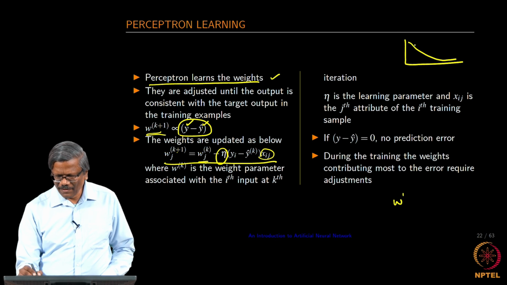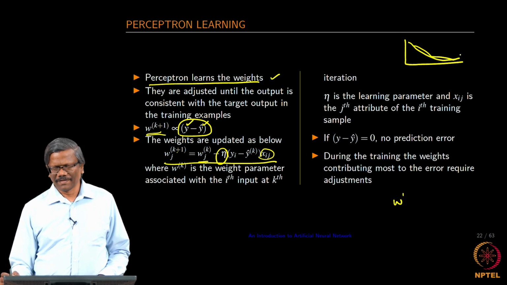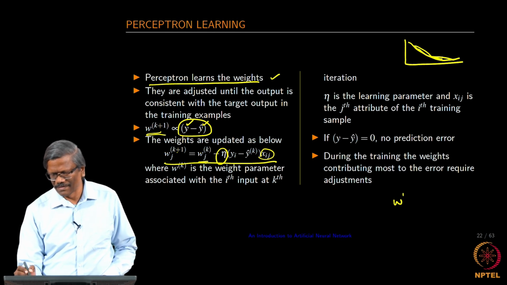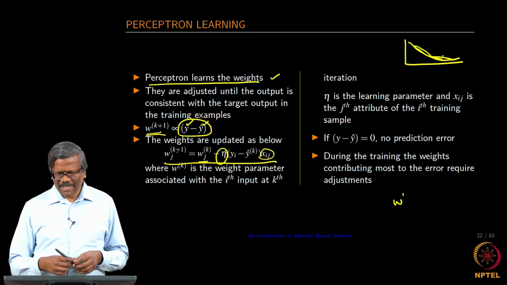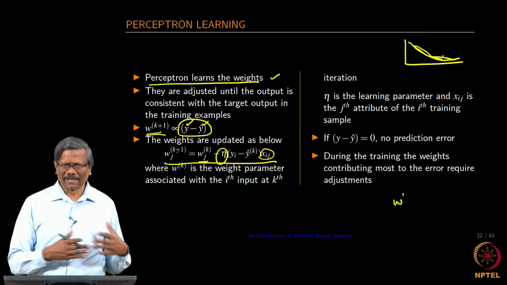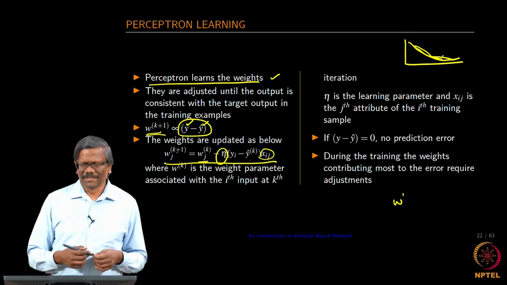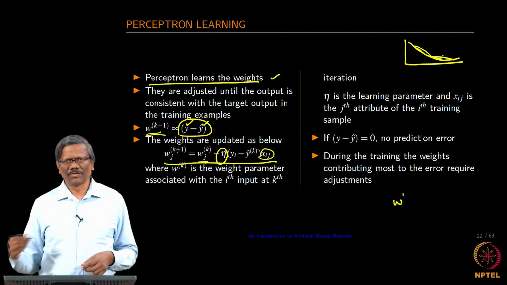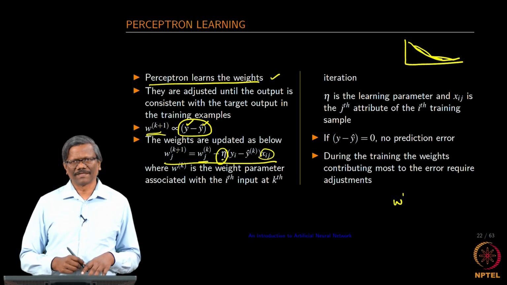If the eta value is very high, the learning jumps in this fashion. If the eta is very small, it slowly and steadily reaches this. Normally we do some kind of an estimation for this, by looking at the training sample and seeing how the weights are adjusted and how the errors are jumping from one point to the other during the iteration. We keep adjusting this.